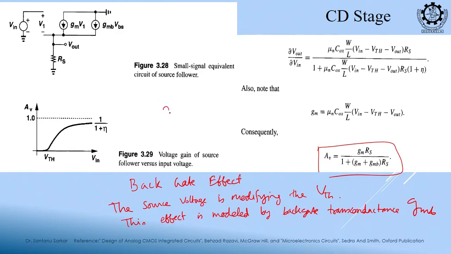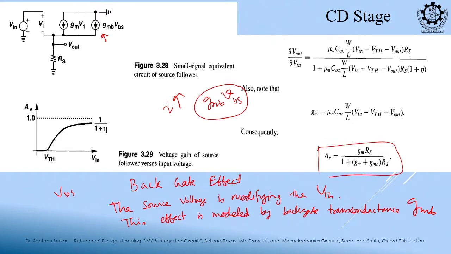If VTH is varying, my I will also vary, plus or minus. So, this is modeled by a transconductance into, it depends on which voltage? Bulk to source. This current source is modeled by the variation in the threshold that will change your current, and that is modeled by this extra term.